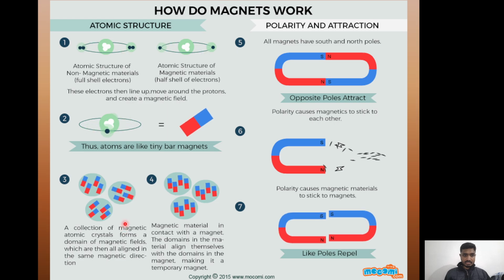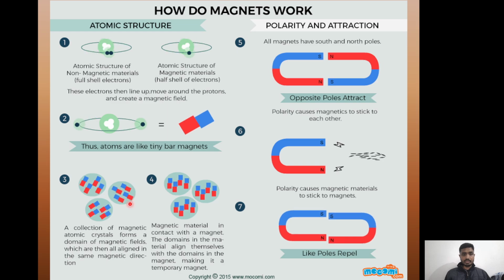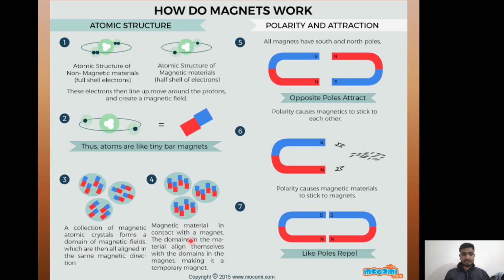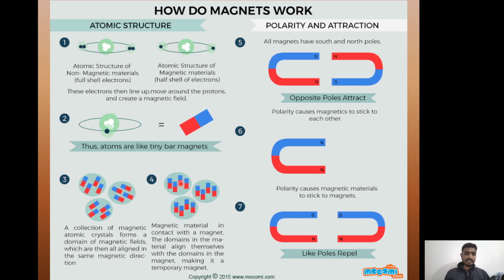In a given material, these magnetic atomic crystals would form the domain of the magnetic fields, and all these domains of magnetic fields would align in particular directions. Okay. And when this magnetic material is in contact with a magnet, it will be aligned in this magnetic field, and based on those magnetic interactions we form different categories of the magnetic materials. Okay. So, we will not go into that detail, but I would just focus on this magnet structure.